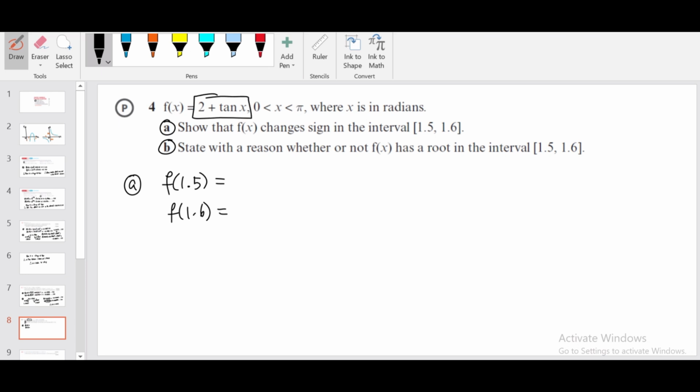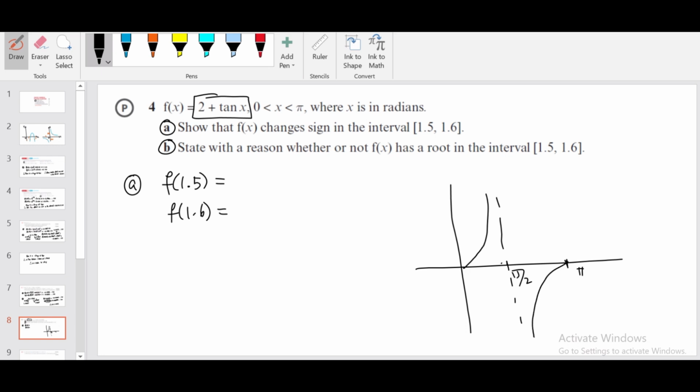Okay, let's look at this graph. Remember in P1 we learned the tan graph. I'm going to sketch the graph here. This is pi over 2 where you have an asymptote, and then 2 pi over 2. You will have only the top part of the graph here and the bottom part here. This is tan x.